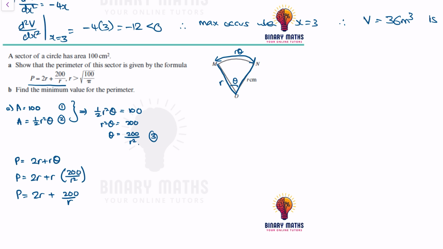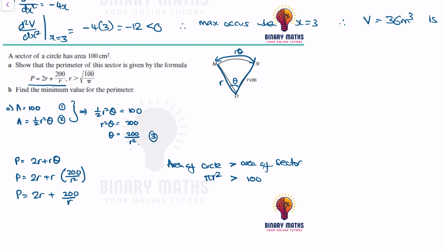Now what we do know is also the area of the circle is greater than the area of the sector, because it's a sector of the circle, it's not the whole circle. So pi r squared, which represents the area of the circle, must be greater than 100, because 100 is the area of the sector.